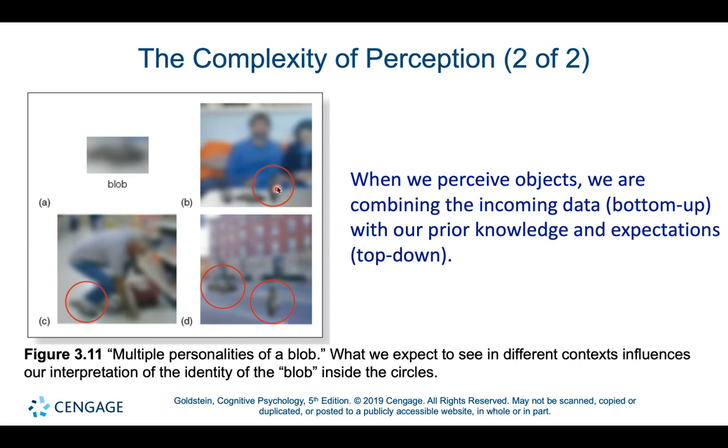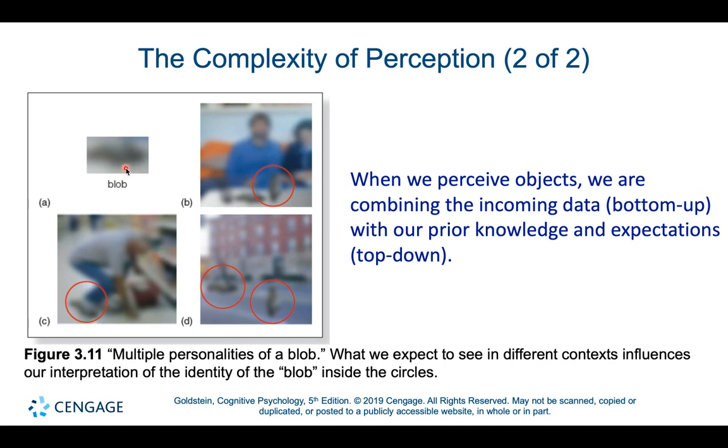Well, turns out that each of these, what they called blobs, is the same blob. They took this blob, right? If we look at the image labeled blob, it's nothing. It's kind of a dark, squiggly line with gray around it.